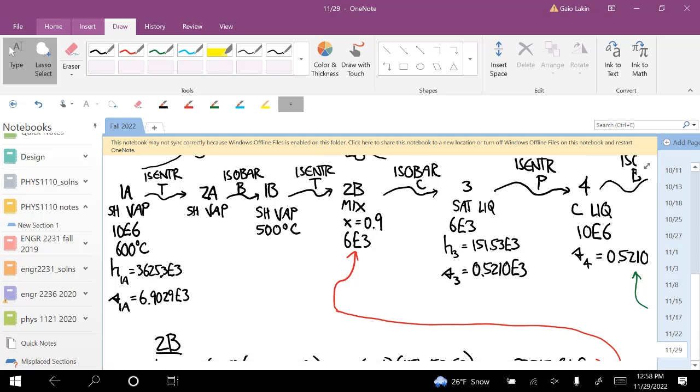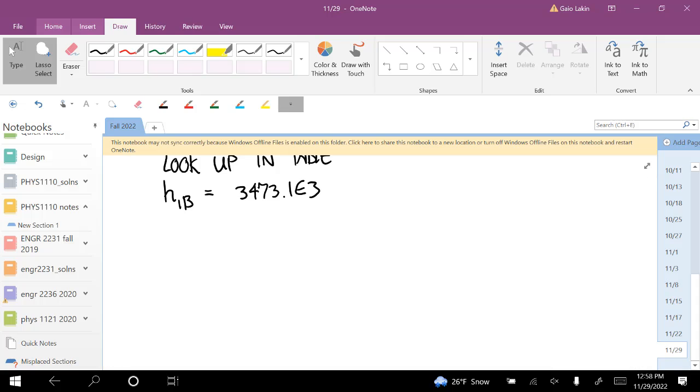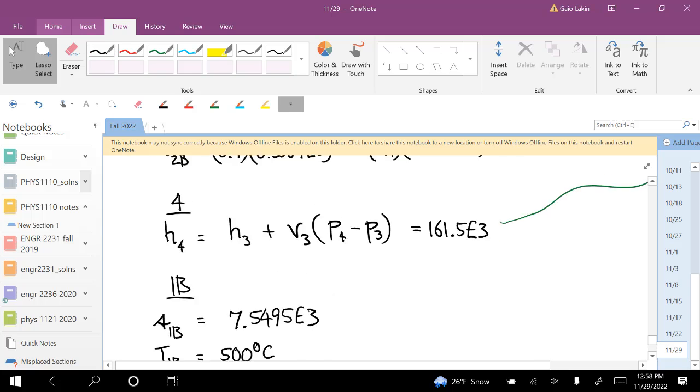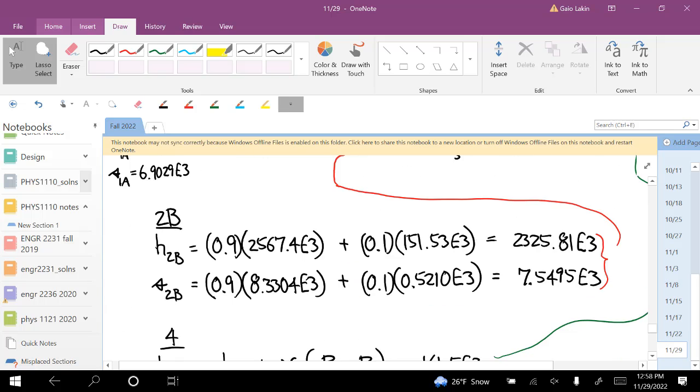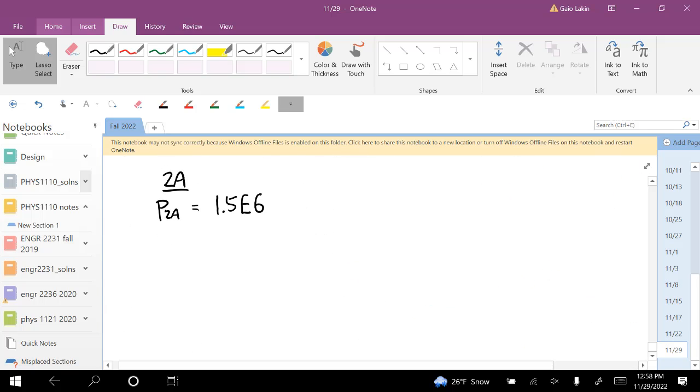And that pressure at 1B also has to be the pressure at 2A. So the pressure at 2A also has to be 1.5 times 10 to the 6, and the entropy has to be 6.9 times 10 to the third.